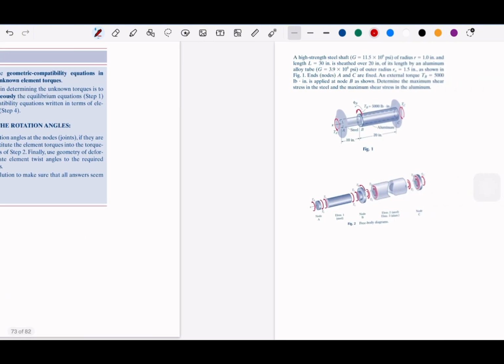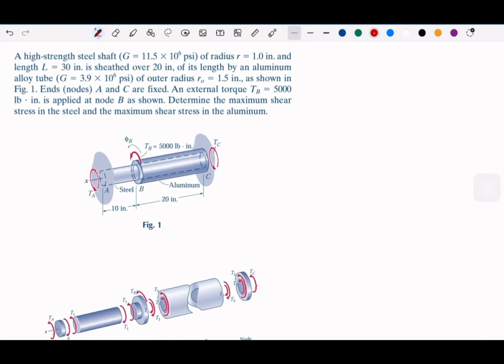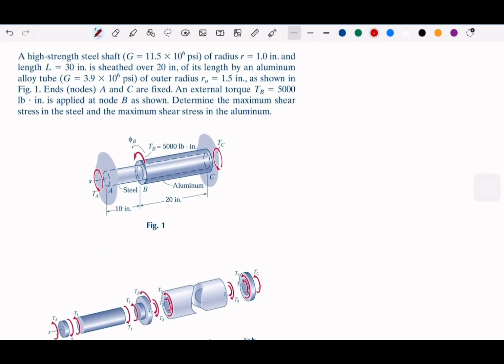Okay, and there is one example here which we can see. I think I will try my best, it's not too long. So for example, here we have a steel shaft with some shear modulus and also a radius r. The unit is American unit, so it's in inches and pounds. So you have length, and you have the alloy tube, aluminum alloy.